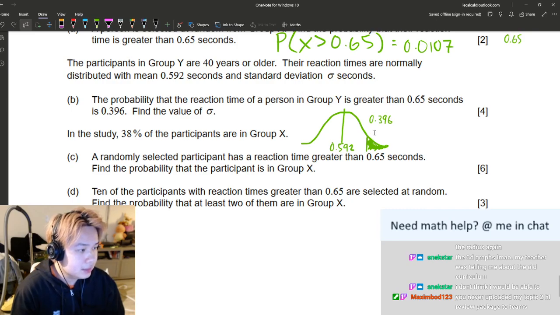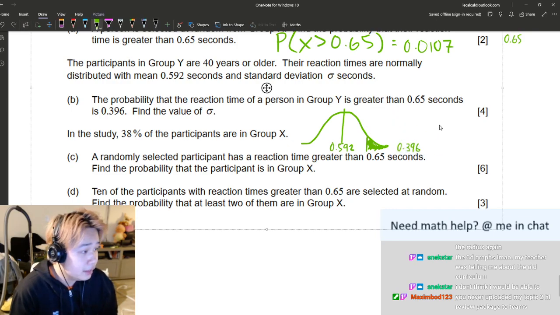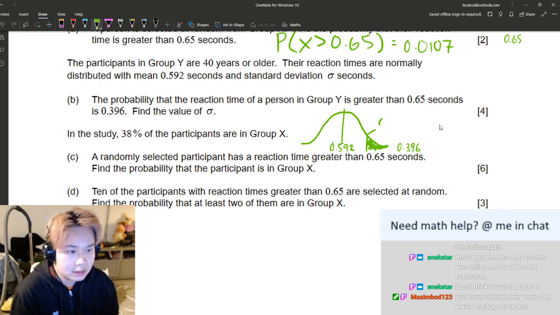So this is a pretty standard question. If you need to find the value of standard deviation or the mean, because those are things that they don't give you, then that implies that you're going to need to do a standardized normal distribution.